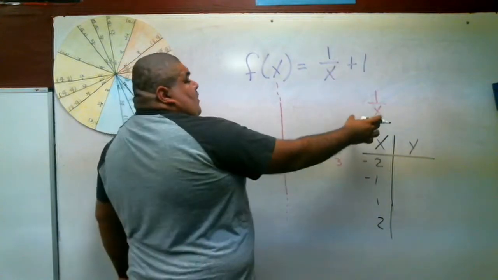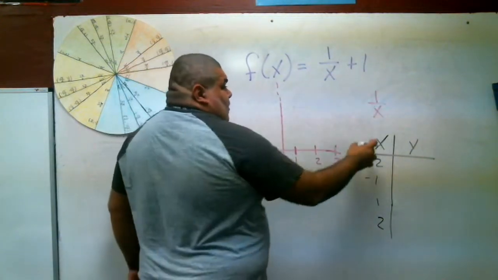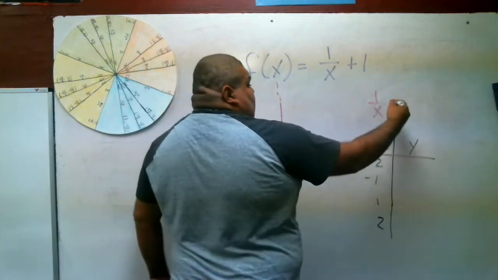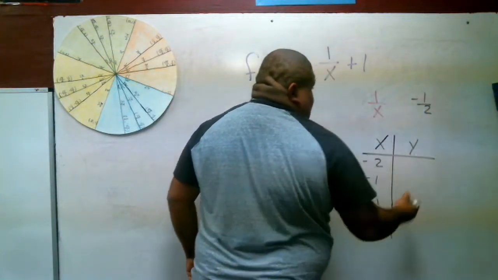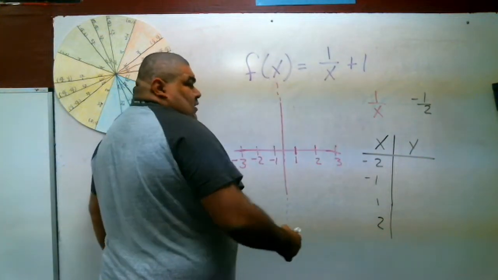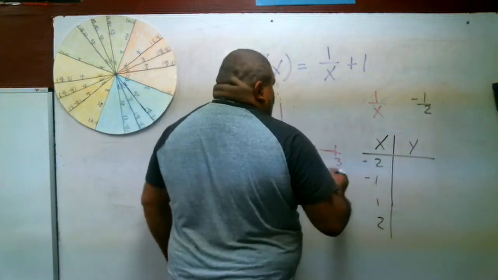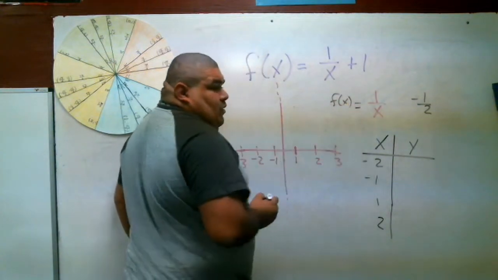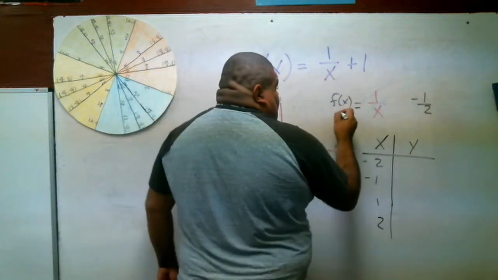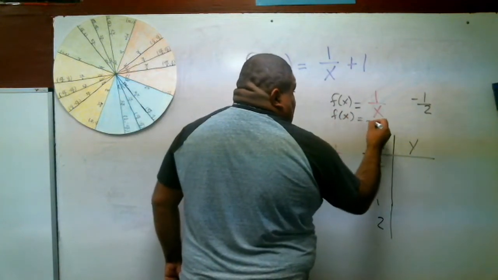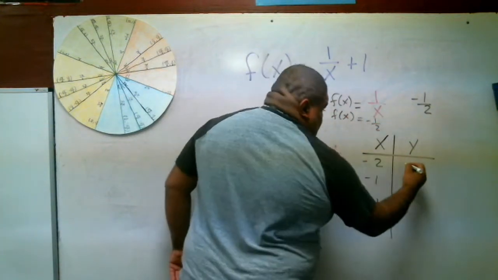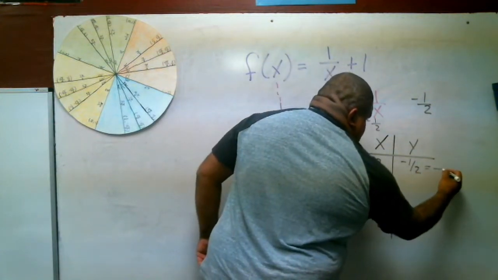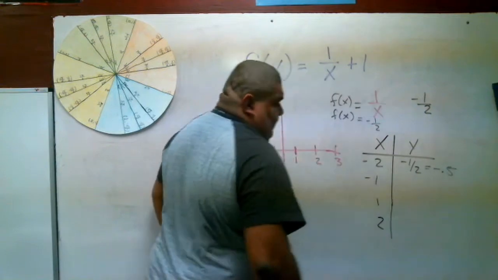If we plug in -2 here, this becomes -1/2. So at -2, our y, because f of x equals 1/x, is -1/2, or if you want to do it this way, -0.5.